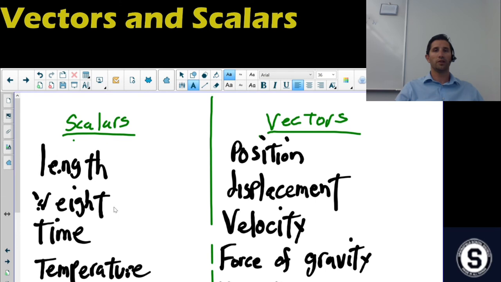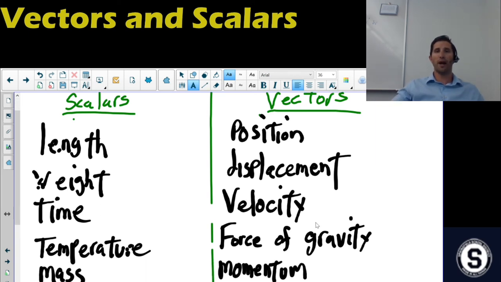All right. In the other column, we have vectors. And for vectors, we have things like position. I am 140 meters to the east of the origin. Or displacement, my position has changed by this much in whatever direction. Velocity, we could say the wind is blowing at 10 miles per hour towards the south. That's a velocity.